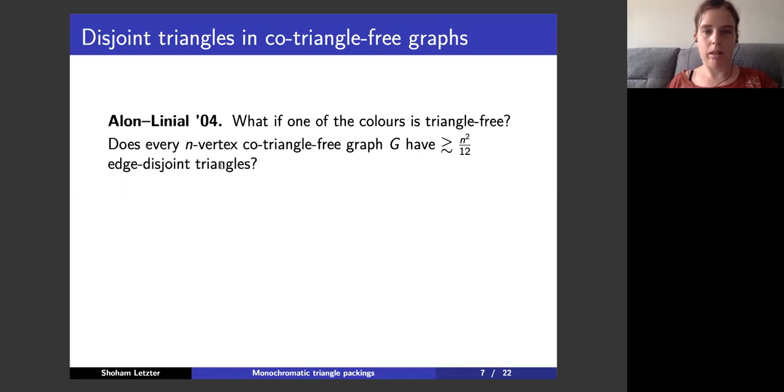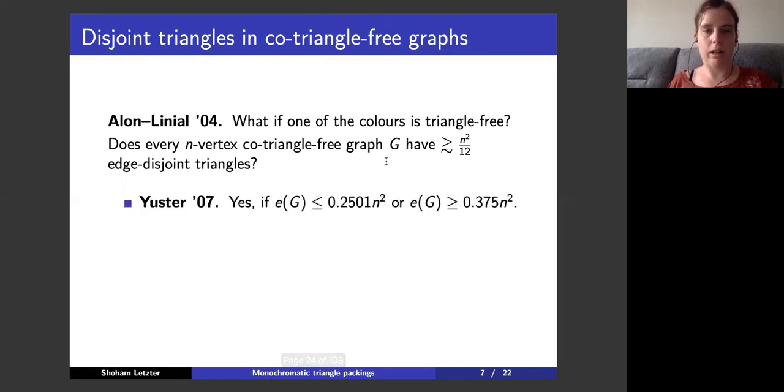Okay, so this is a weakening of the original conjecture where the blue edges are triangle free and so they cannot participate in this monochromatic triangle packing. So we're only interested in the red graph, which we call G now.